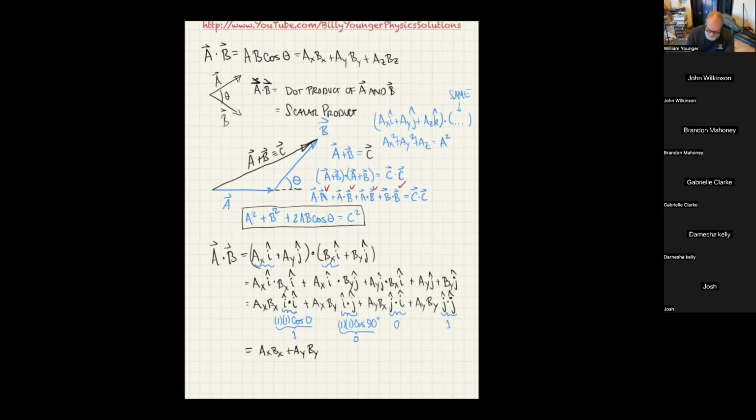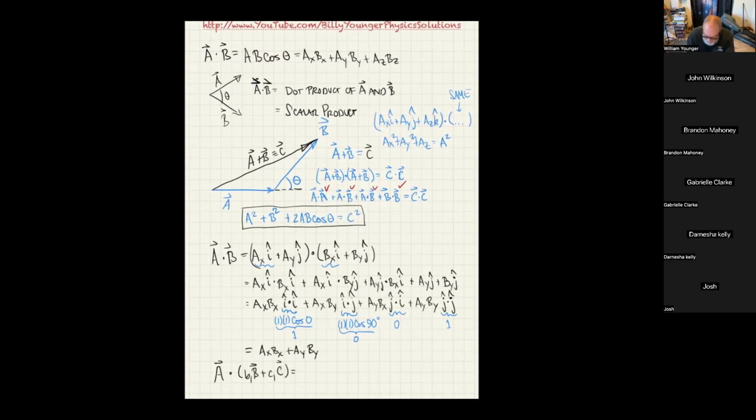In general, what the rule that it's a linear operator means is that you can take A and dot it with, let's say, I'm going to dot it with B1 times B vector plus C1 times C vector.